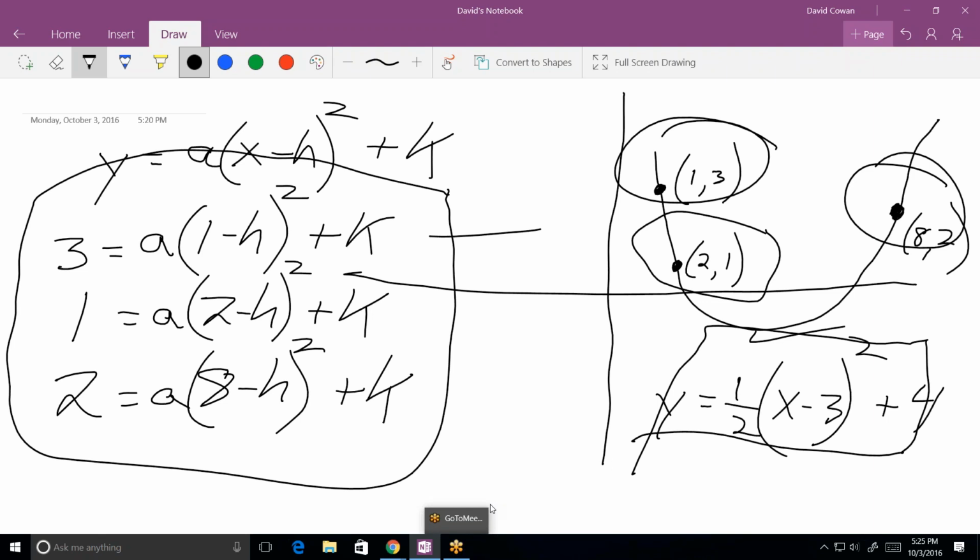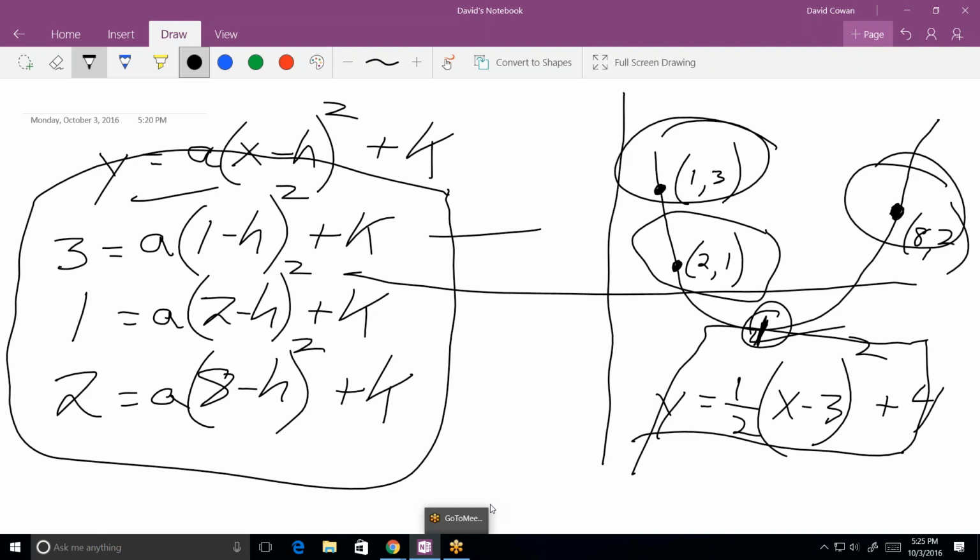But they don't have to give you the vertex. They could just give you any 3 points on the parabola, and then you have to use this technique to solve it, because I don't know where the vertex is. With the 3 points that I gave you there, it would be impossible to say what exactly the coordinates of that vertex are.